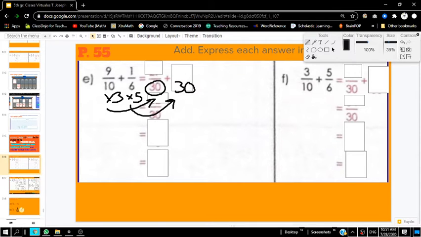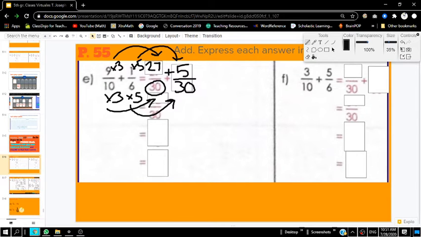Okay, now I have the same denominator, so what I did on the bottom, I also need to do on the top. 9 times 3 and 1 times 5. Well, 9 times 3 is 27, and 1 times 5 is 5. So I have 27/30 plus 5/30.